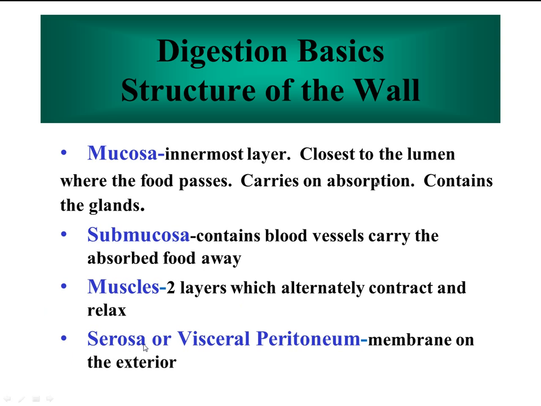And then you have the serosa, which is made up of that visceral peritoneum, and you've seen this before. That's that serous membrane that lines the digestive tract. Since it's lining the organ itself, it's the visceral peritoneum. It's the membrane on the exterior of the digestive organs.